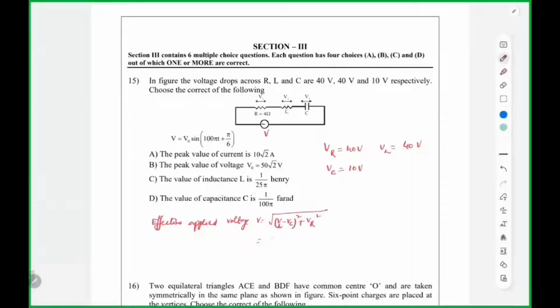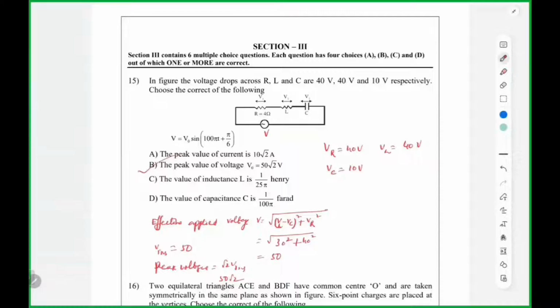That is VL minus VC is 30, square, plus 40 square. We get 50. So VRMS we got as 50, and the peak voltage is root 2 into VRMS, that is 50 root 2. Option B is correct.